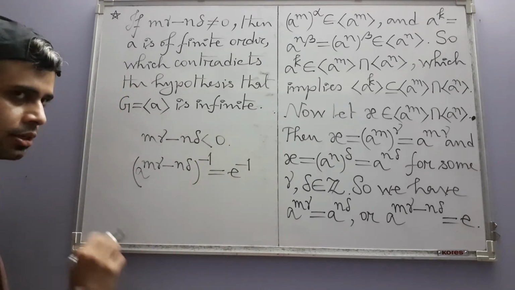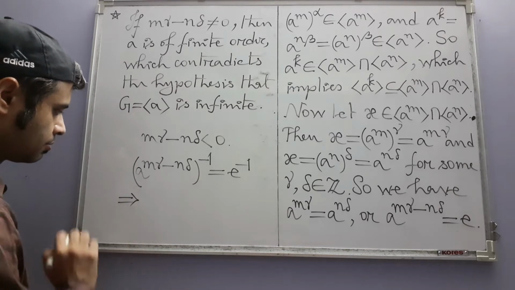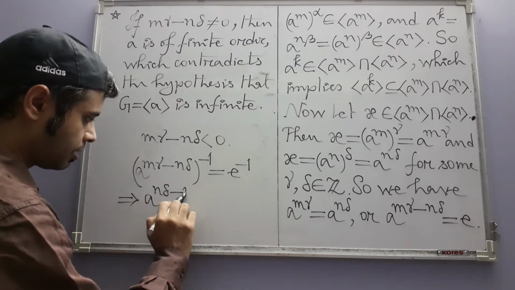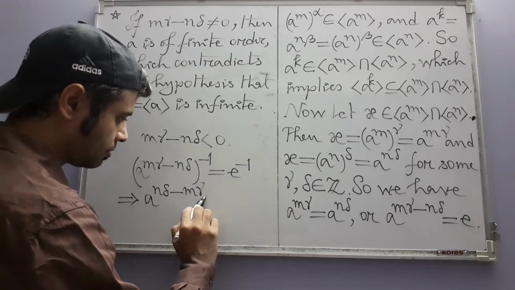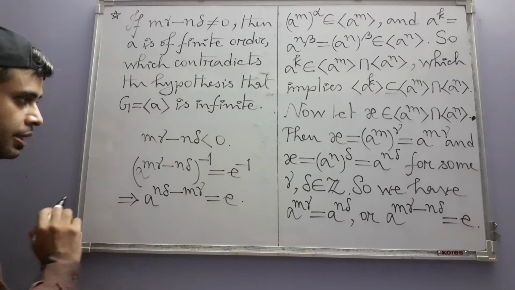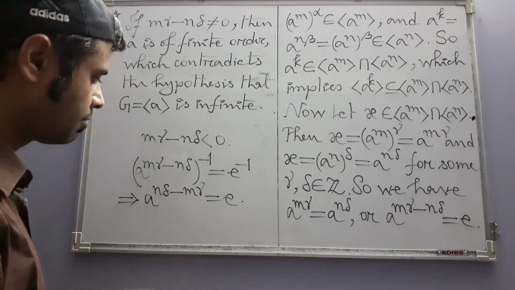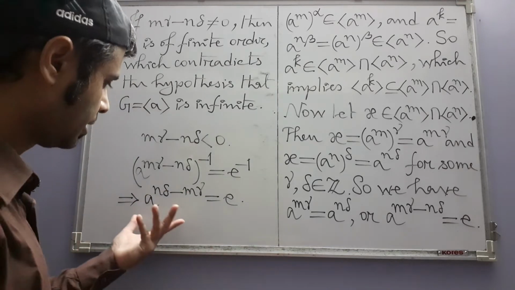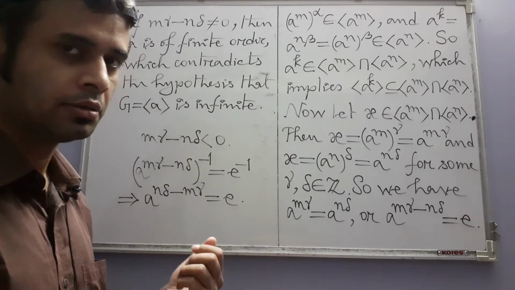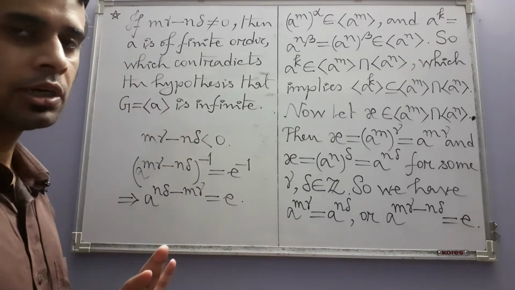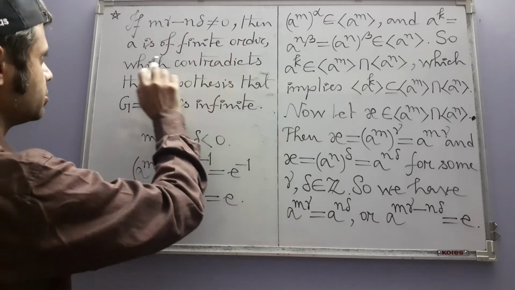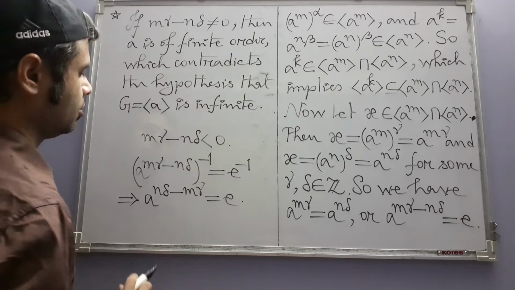Again by using the rules of exponent, this will be n delta minus m gamma, and E inverse of course is E, but then n delta minus m gamma is a positive integer. So again from here we conclude that a has finite order, which contradicts our hypothesis. So that's why at once we are writing from this itself that a is of finite order.